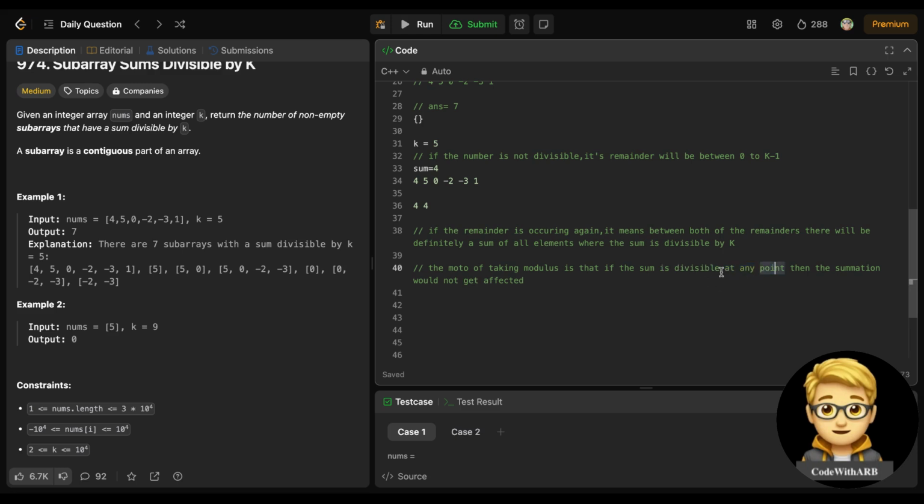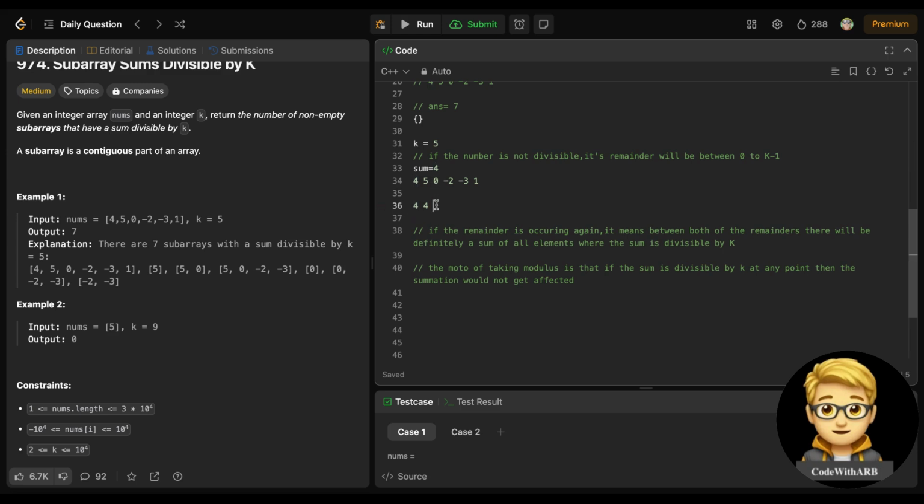If the summation is not affected, it means we understood that there is a subarray between those remainders whose sum is divisible by this k. Understood, right? So this 4 has already occurred previously, which means we definitely got a subarray.